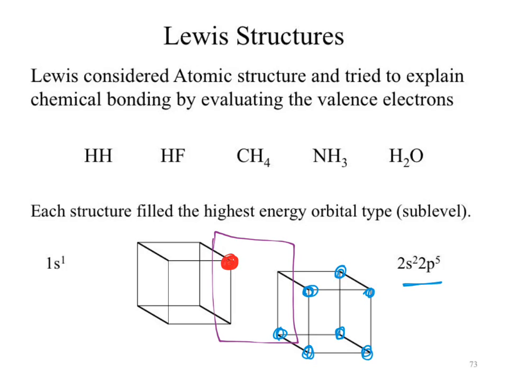In one case, there's an open hole on the fluorine, and the red hydrogen electron can come in. In the other case, there's an open vertex on the hydrogen cube, and that can pick up the blue electron from fluorine. What have we now formed? A bond between hydrogen and fluorine. Cool.